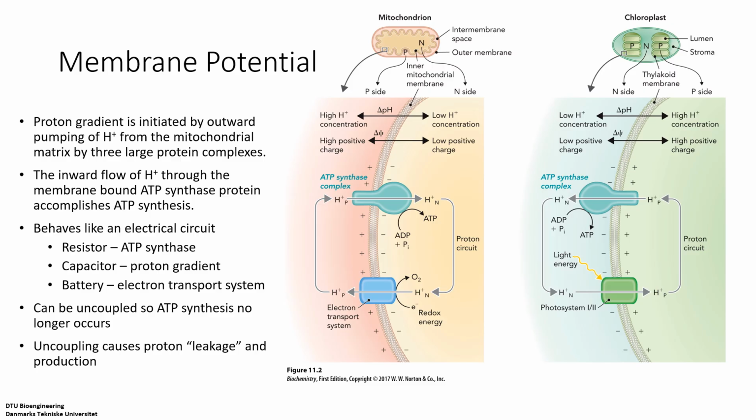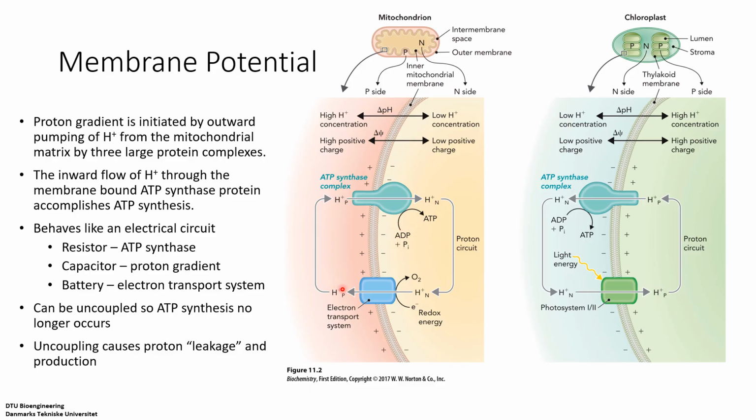So the membrane potential, I think I've mentioned it before, but just to reiterate here, membrane potential is the driver of all living chemistry. The membrane potential enables us to drive a proton pump that creates a rotation that will turn ADP into ATP.